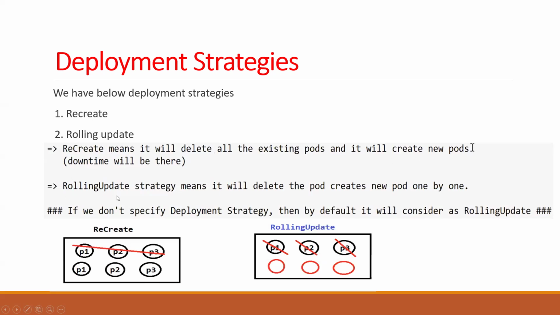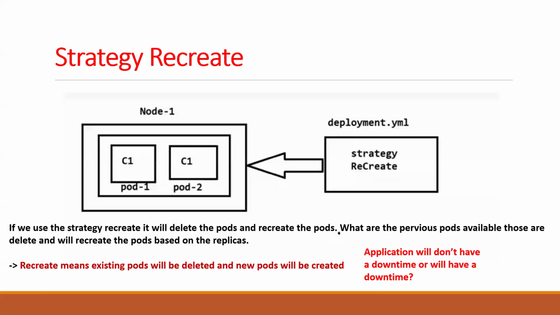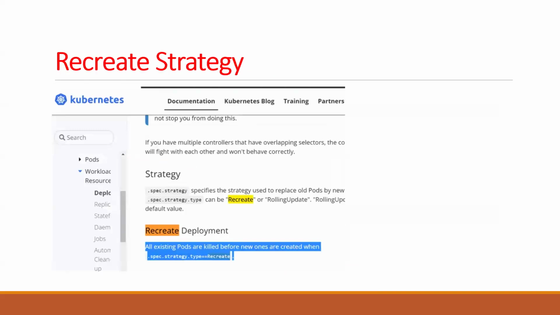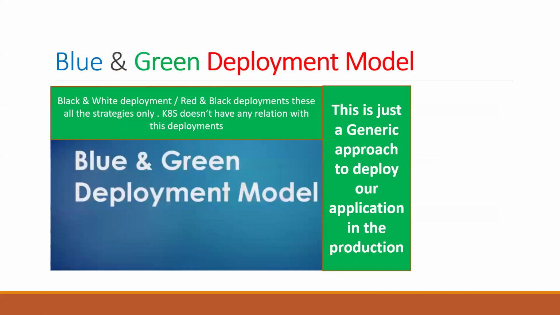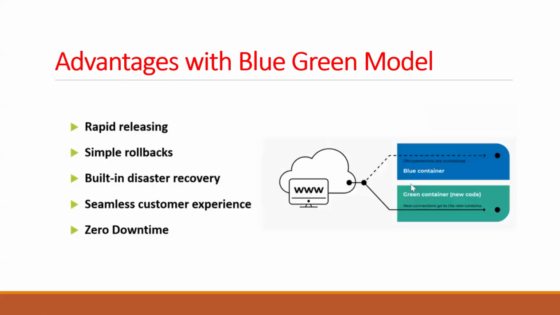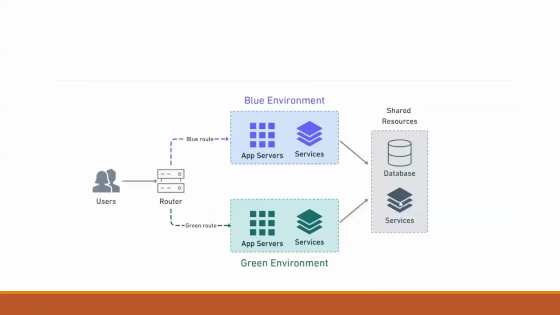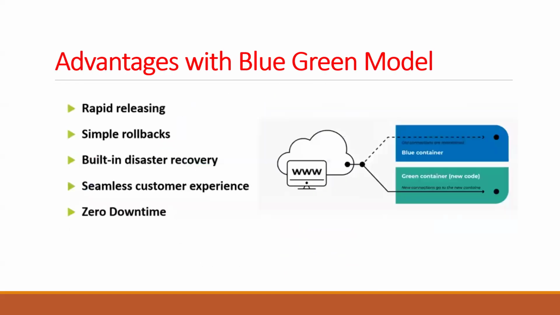Rolling update means it will delete pods and create new pods one by one. If you don't specify a deployment strategy, by default it will use rolling update. Then the blue-green deployment model: what is it, and what are its advantages?